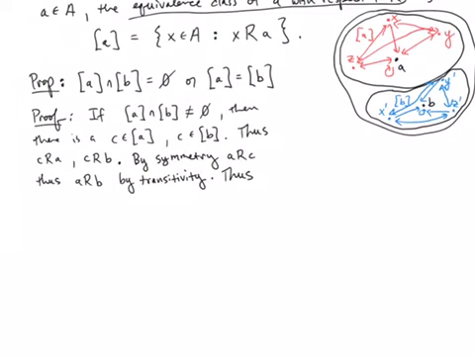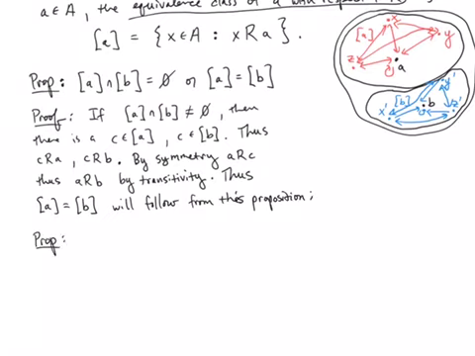So the equivalence class of A being equal to the equivalence class of B will follow from this proposition. The proposition being that A is related to B if and only if the equivalence class of A equals the equivalence class of B.